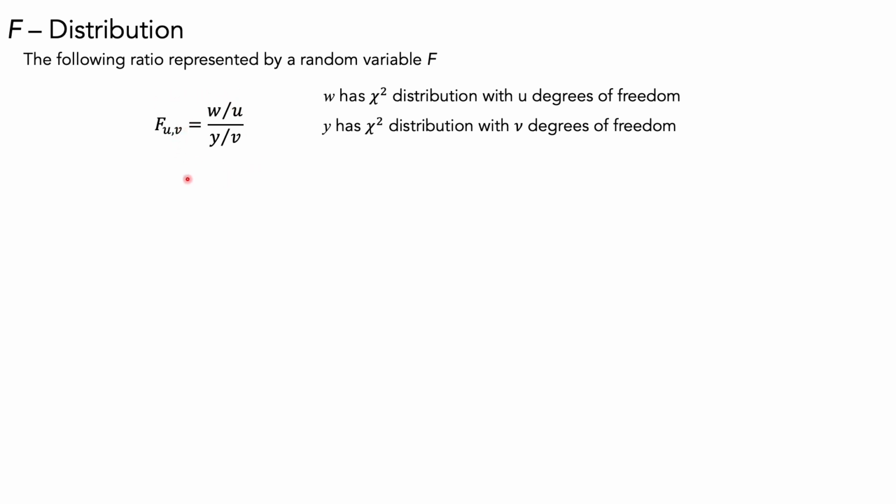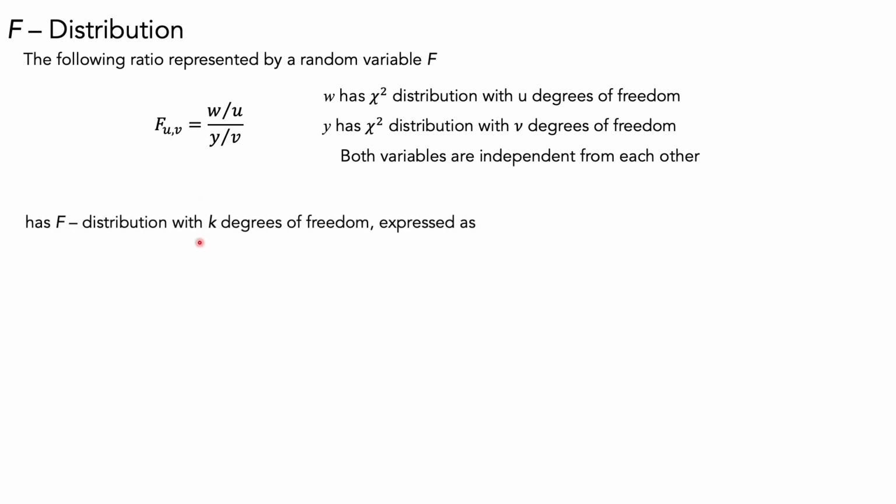Then each variable, divided by the degrees of freedom of its chi-square distribution in the denominator, is also the same thing. Then this variable will follow a distribution called the F distribution, and it will have k degrees of freedom. Its probability density function is expressed like this.